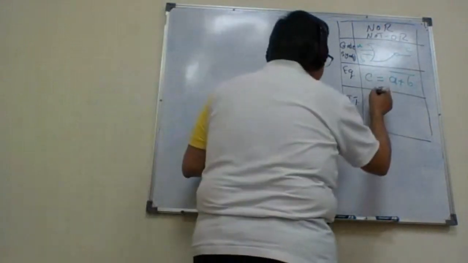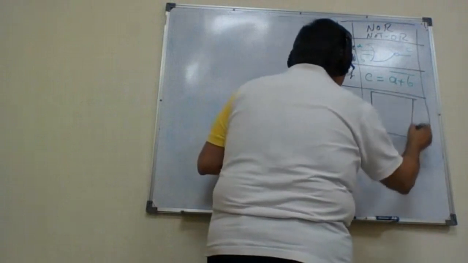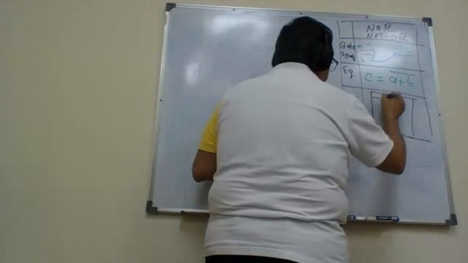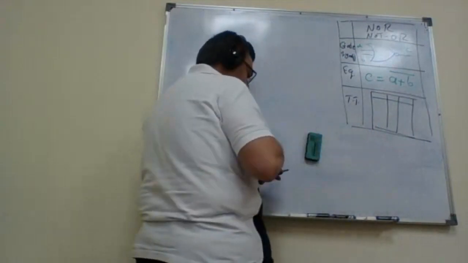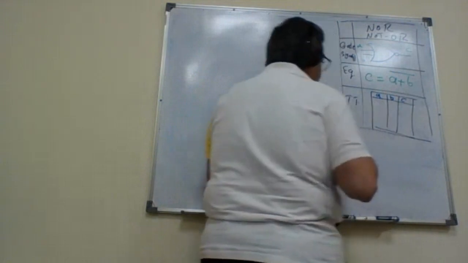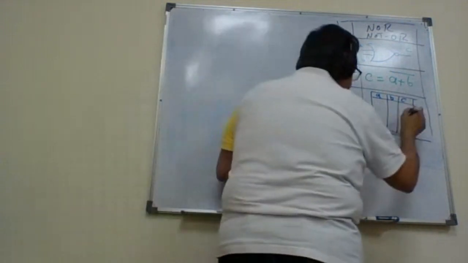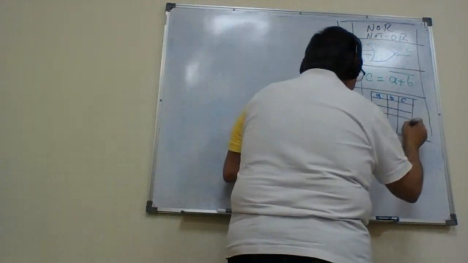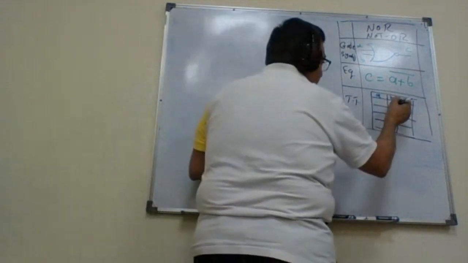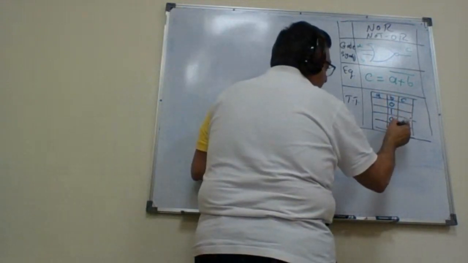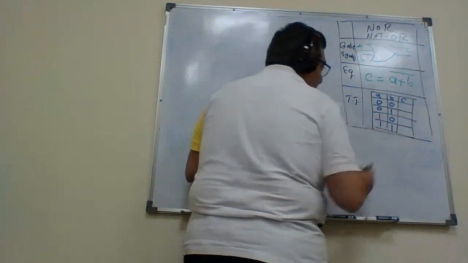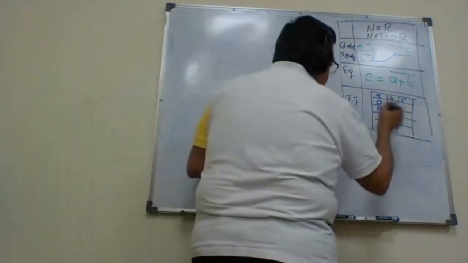The truth table for this gate has inputs A, B, and output C. I have two inputs, so I have 4 rows: 0 0, 0 1, 1 0, 1 1.